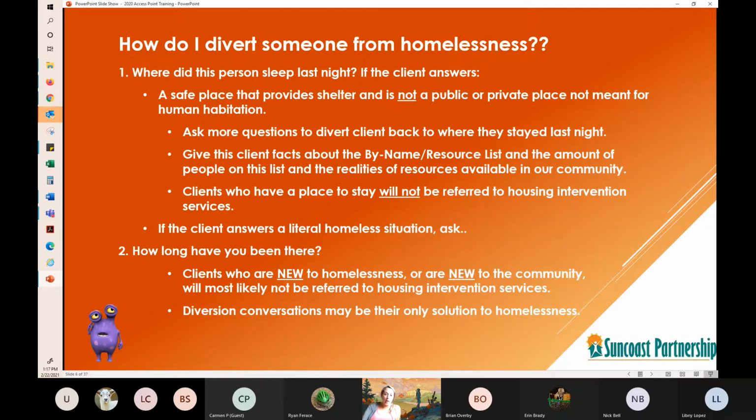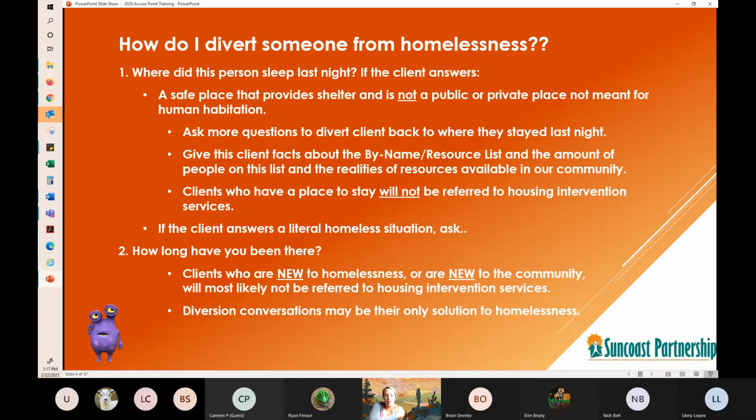They are our neighbors, our unhoused neighbors, and we cannot set this tone of, oh, you were homeless in California, go to Sarasota, they'll house you. I don't think any of us want that. We want to make sure that we are focusing on our clients that have the longest history of homelessness in our continuum first.